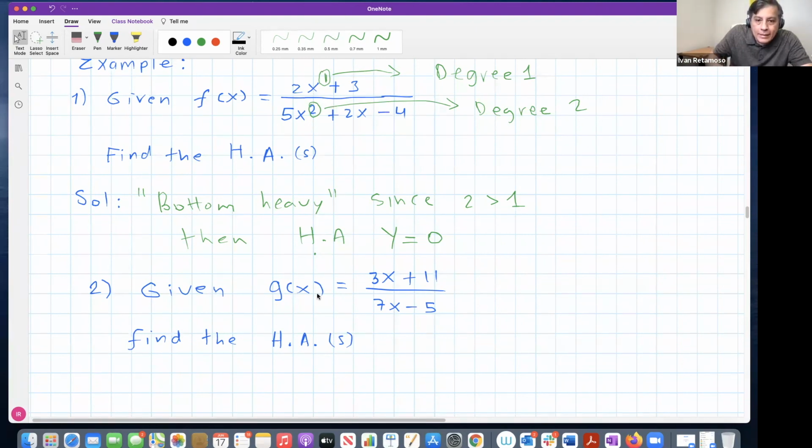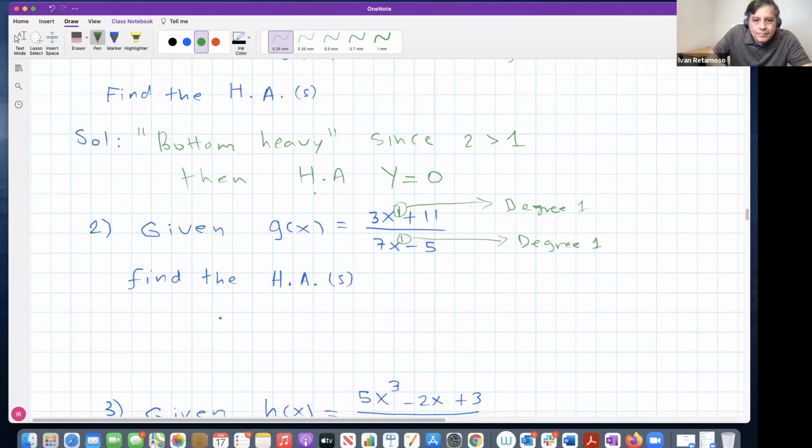Yeah, equally heavy, because the degree here is the same, degree 1, degree 1. So equally heavy. And what does the rule say for equally heavy functions?